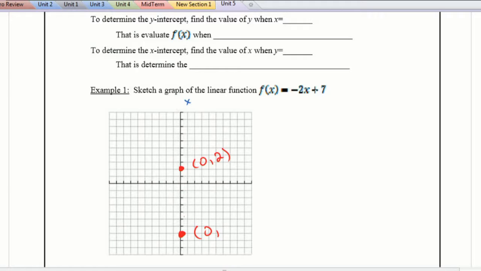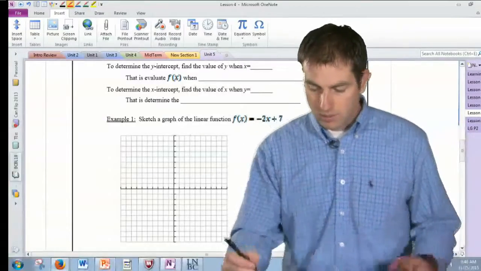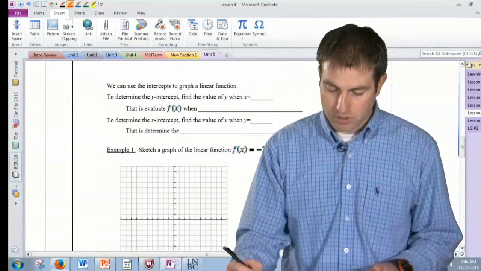A point way up here would be (0, 8). So no matter where I am on that vertical axis, the x value is always going to be equal to 0. We're going to use that fact to determine what that y value is.